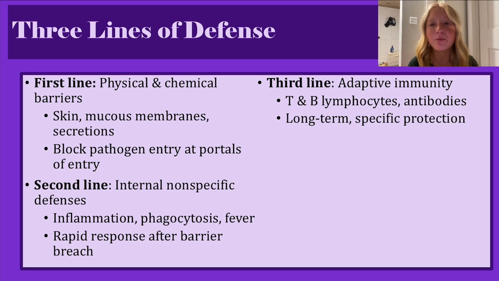But once something breaches those barriers, the second line of defense kicks in. The second line of defense includes inflammation, phagocytosis, and fever, basically processes that are still nonspecific but are more internal. And then finally is the third line of defense, and this is where we see adaptive immunity involving T cells and B cells that respond specifically to unique antigens.